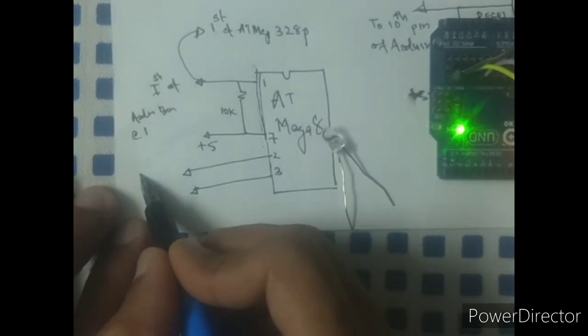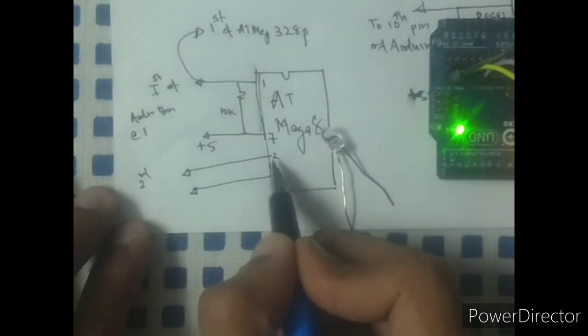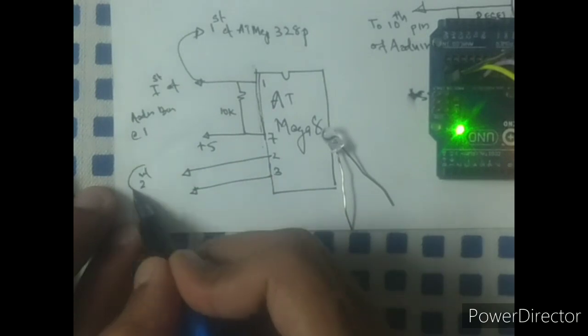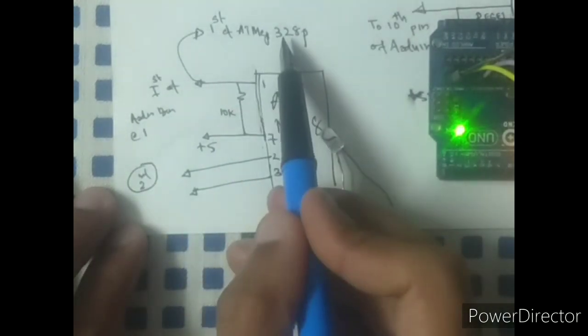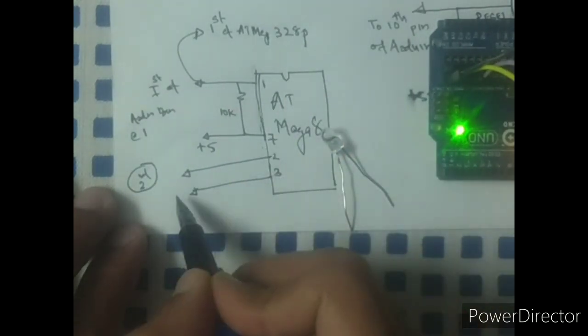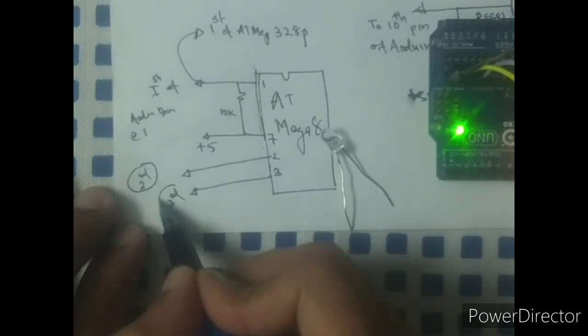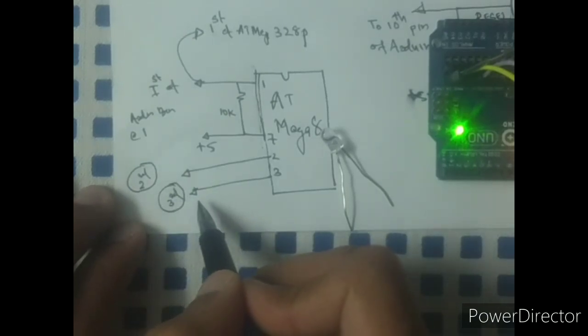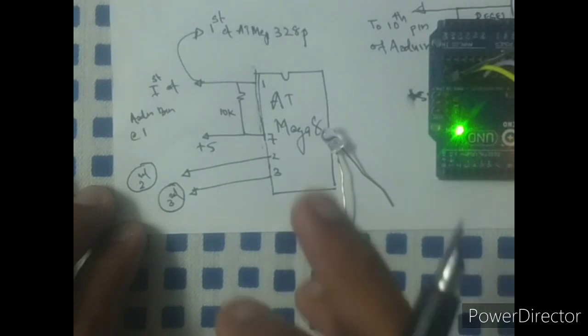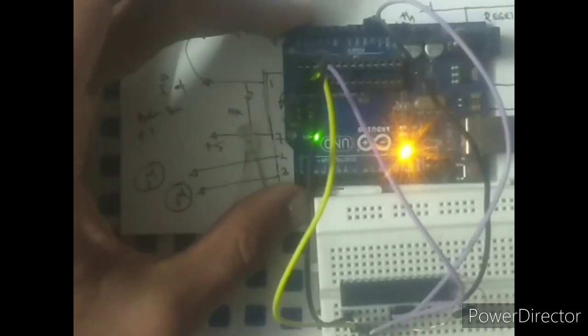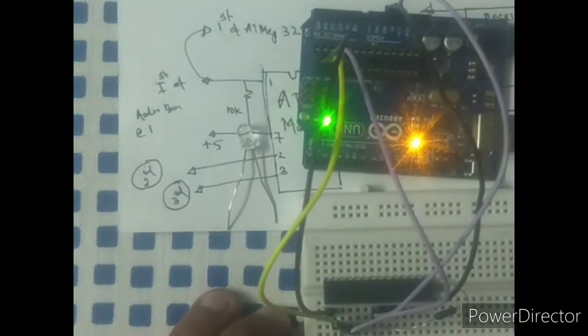Means the second pin of ATmega 8 is connected to the second pin of ATmega 328P, and the third pin also to the third pin of ATmega 328P. So this indirectly means that we are placing the ATmega 8 in the ATmega 328 slot of the Arduino Uno. So that we have done.